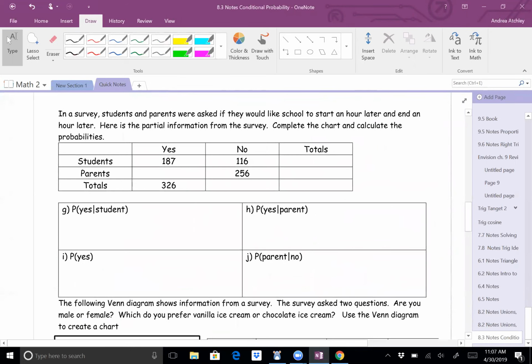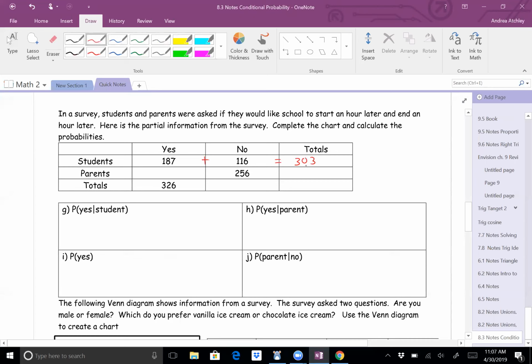Okay, now I'm giving you guys a chart that's not completely filled in. Okay, and we have to fill it in. So this is pretty easy. This plus this will give me this number. So this is 303.